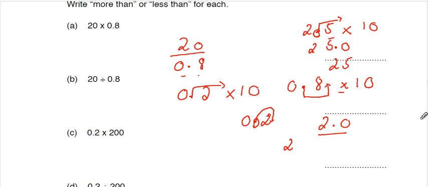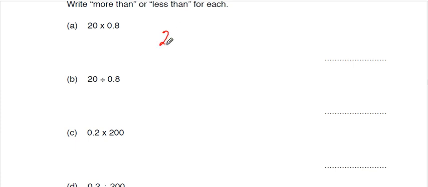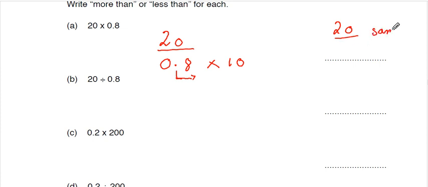Okay, so the same thing I am going to do in my question, and that is 20 divided by 0.08. So what I have to do is multiply it by 10. Why? Because I need to move the decimal forward only one time. But remember one thing, whenever you do anything in the bottom, you always do the same thing in the top.